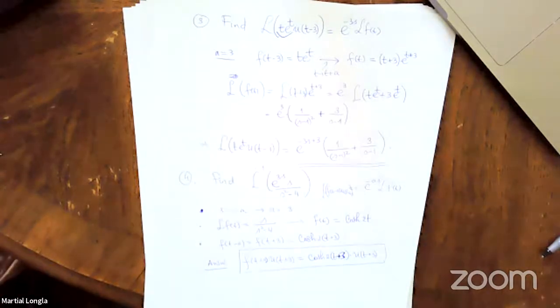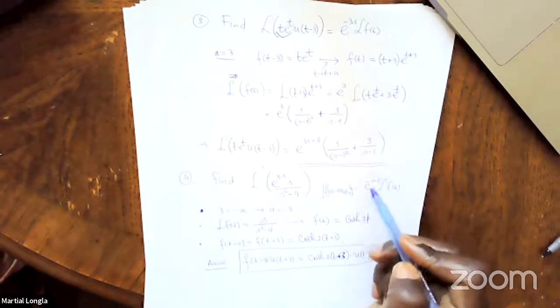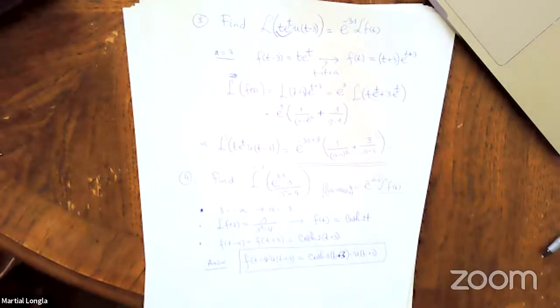So that's the final answer to the problem. Again, the first step is identify a. You get a from the exponent. In this case, you got e to the 3s, which means negative a, because you have e to negative as. That means negative a is the 3 that you see. So a is minus 3.